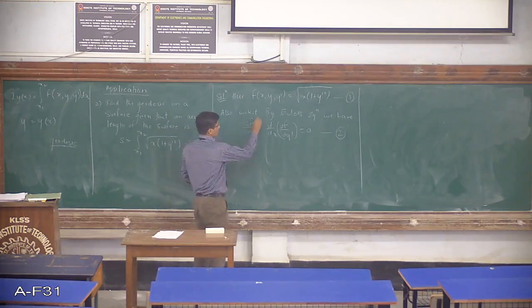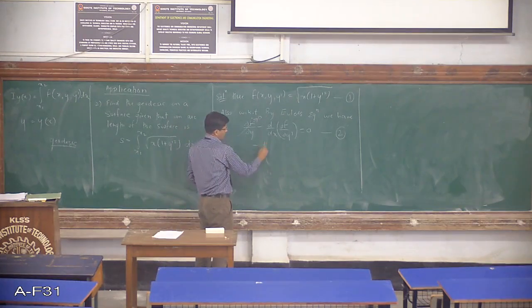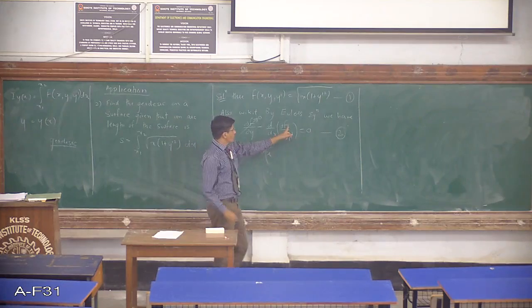Since dou f by dou y turns out to be 0, we have minus d by dx of dou f by dou y prime.